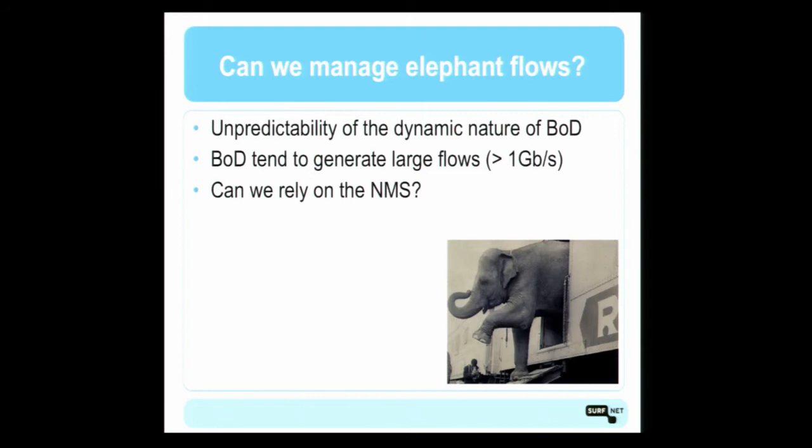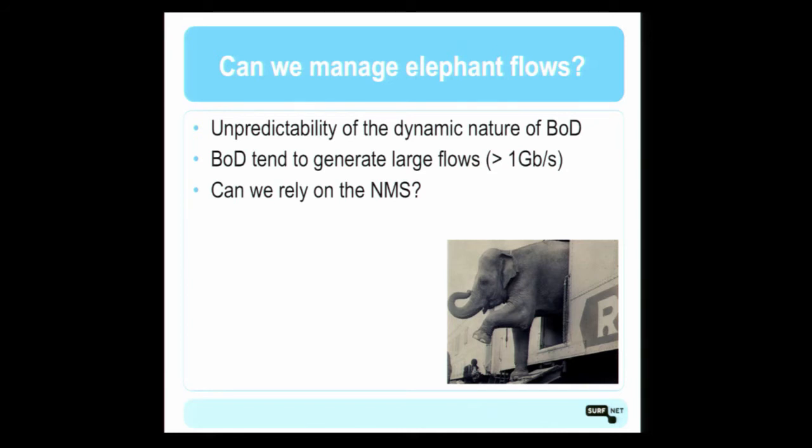Okay, so what's an elephant flow? If you have really big data flows, UDP maybe even, you want to make sure they don't push away all the traffic of other customers. So you must be careful about that.